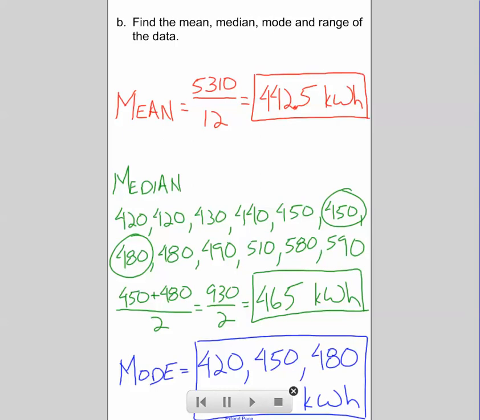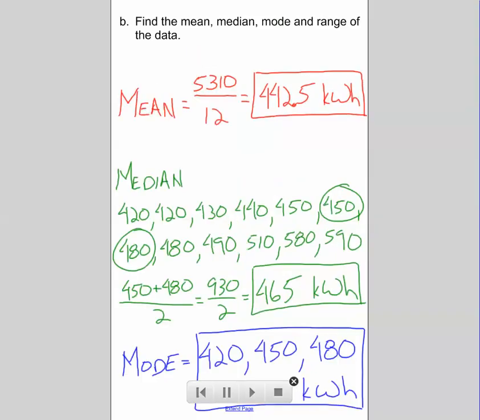Let me go back here to this page and show you why. Okay, the mean was 442.5. So if we take the biggest data point, 590, we're going to be taking away from the sum, which is obviously going to make the mean less. But if we change this 590 to a 500, it's still bigger than the median. This 590 would still be right here. The median wouldn't change at all.